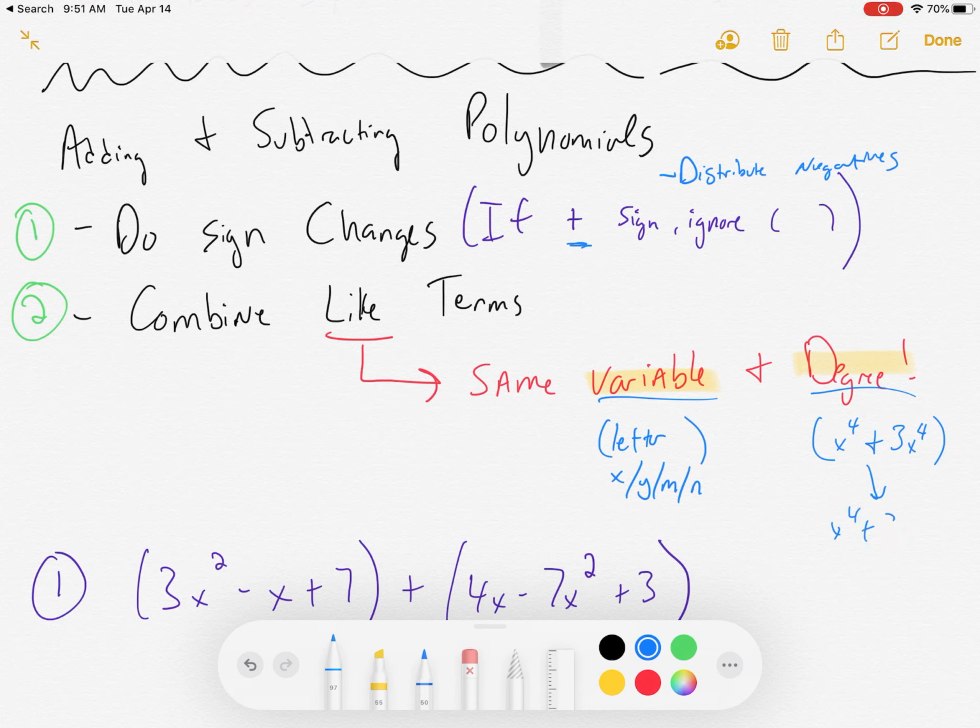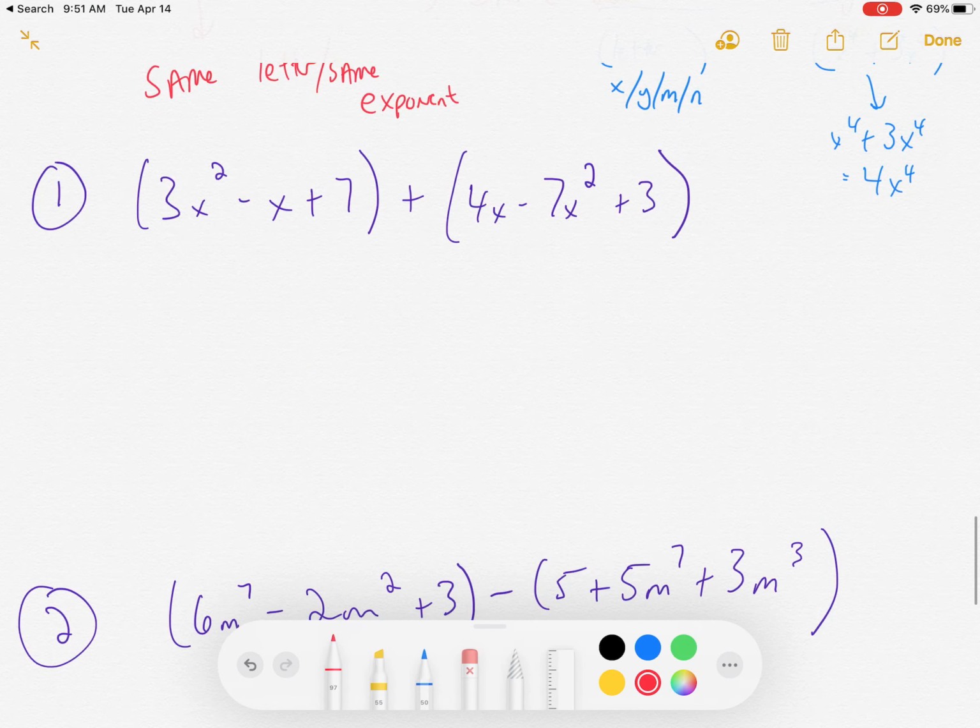If I did x to the fourth plus 3x to the fourth, that would give me 4x to the fourth, okay? So again, the degree is here. So they need same letter, same exponents. If your head's spinning right now, just watch me do a few, and I think it will come to you sooner rather than later.